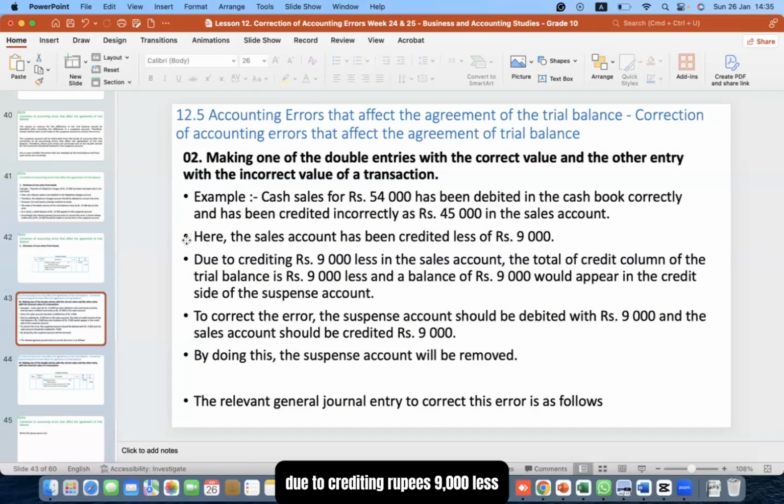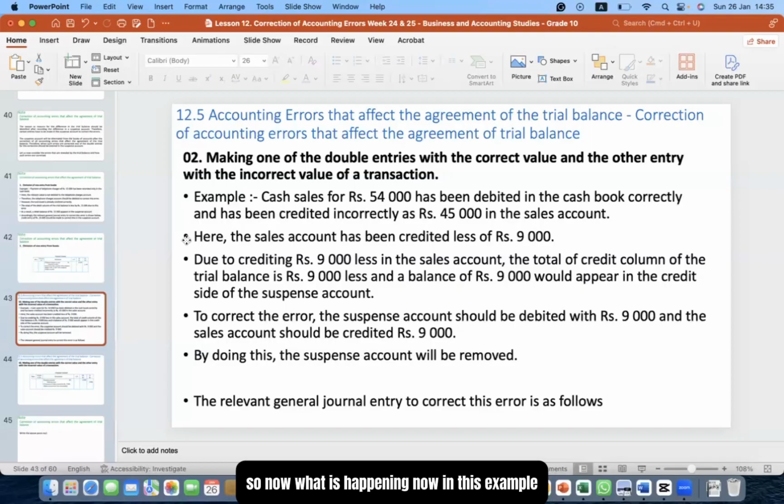Due to crediting rupees 9,000 less in the sales account, the total of the credit column of the trial balance is 9,000 less, so that rupees 9,000 will appear on the credit side of the suspense account. To correct the error, the suspense account should be debited with rupees 9,000 and the sales account should be credited with 9,000. By doing this, the suspense account will be removed.